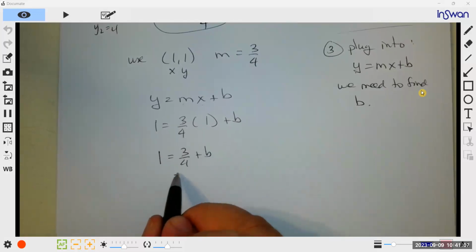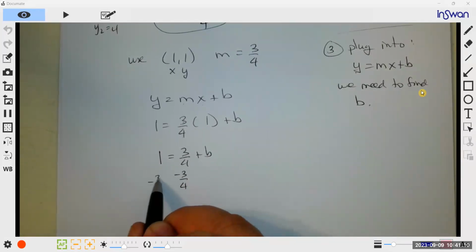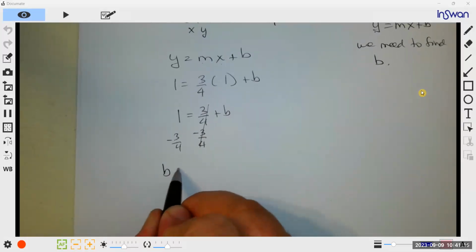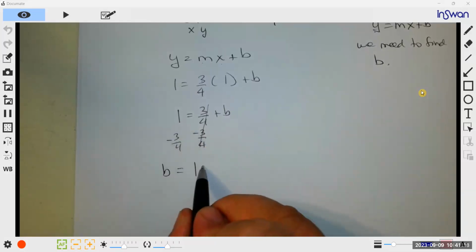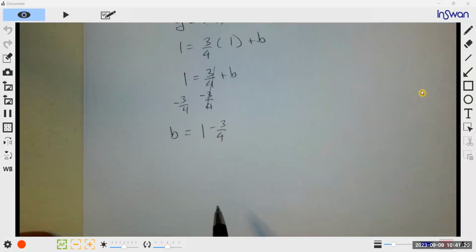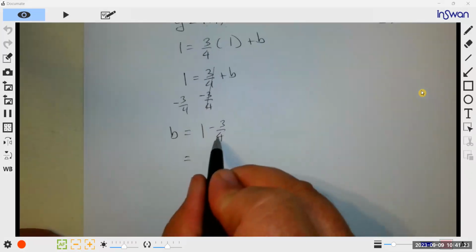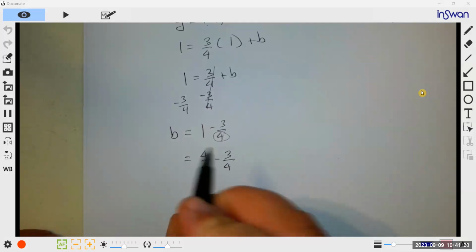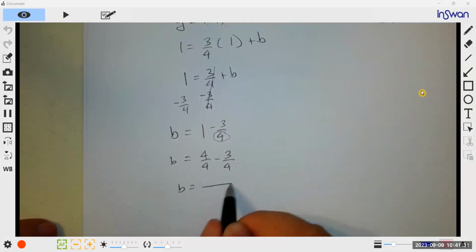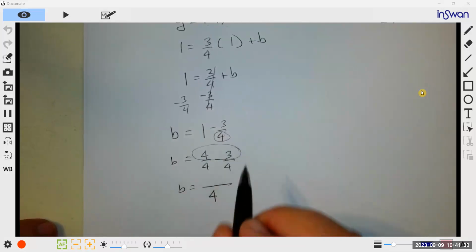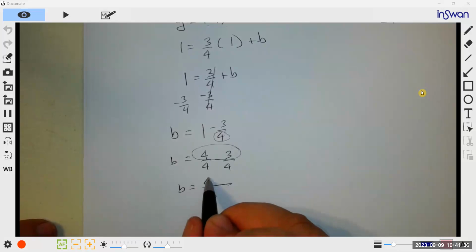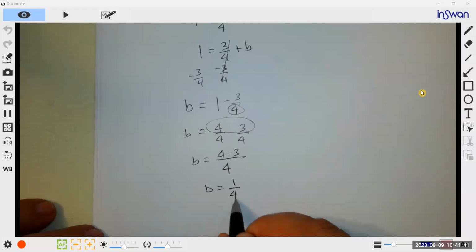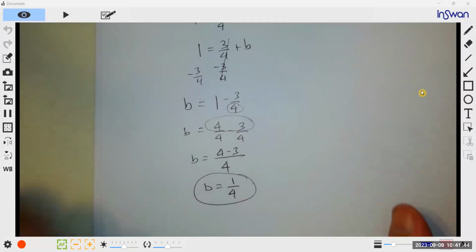To get b by itself, we have to subtract 3/4 from both sides. So b equals 1 minus 3/4. Again, we need a common denominator, so it's 4/4 minus 3/4. Worry about the top. So b equals 1/4.